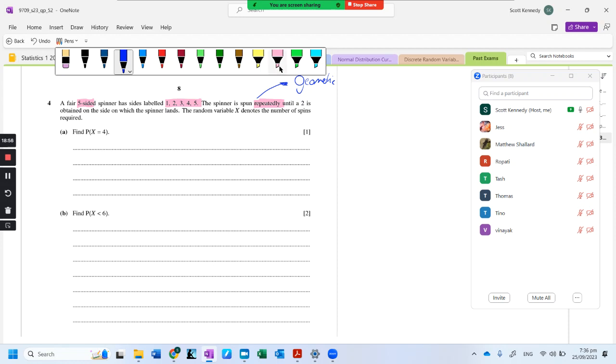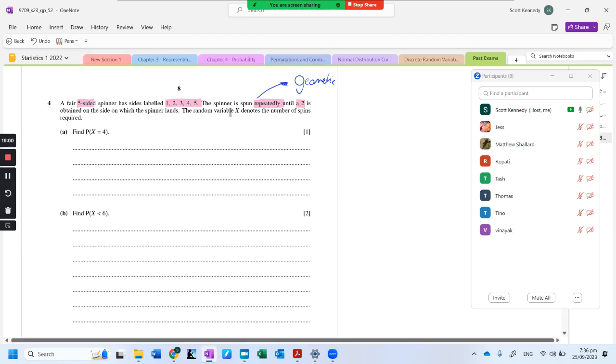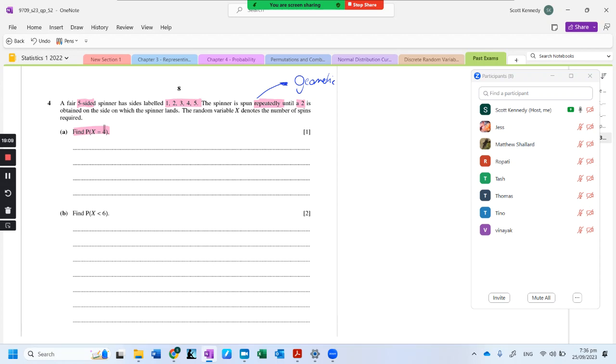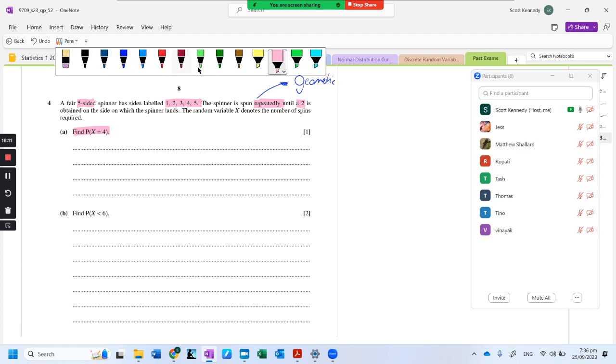Okay, so we've got to find this, which means what's the probability that it takes 4 times to get a 2? So this means that we've got to fail 3 times and then succeed.